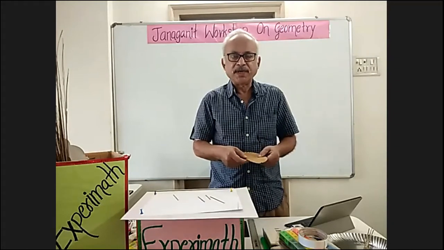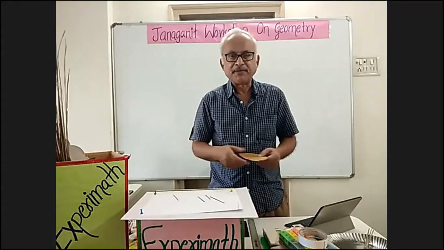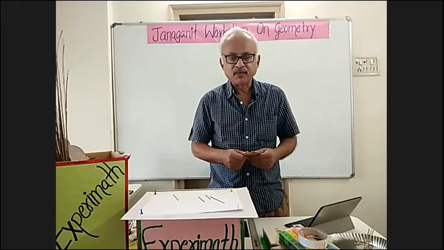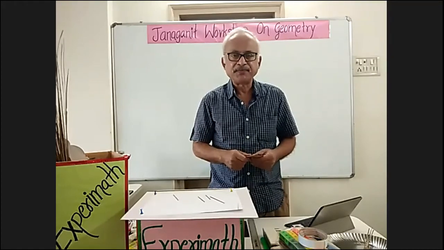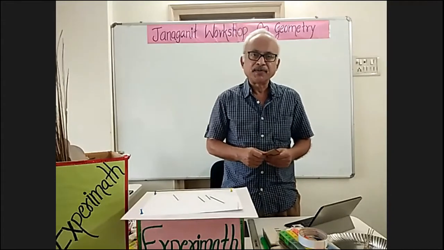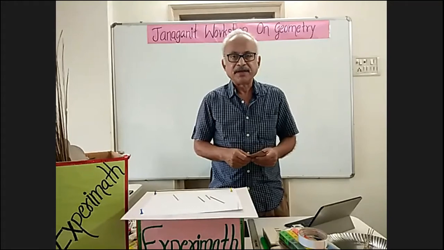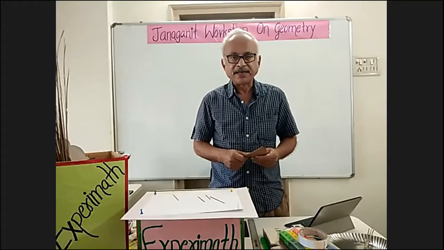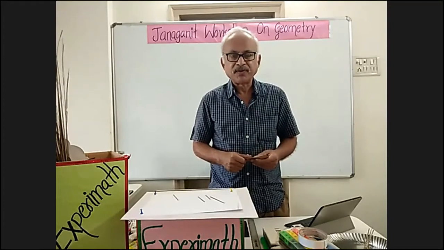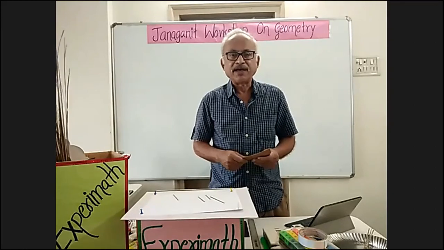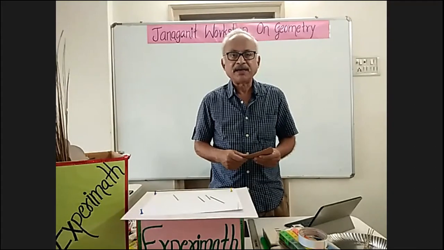And then we experimented with adding angles. We found out what is A plus B. We found out what is A plus B plus C. And then the final activity that we did was to try and make triangles using three angles.